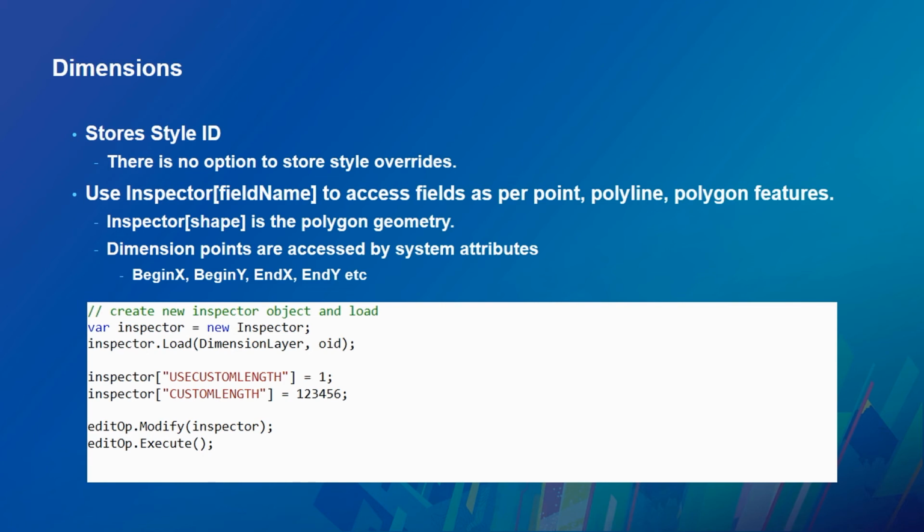So you just use the inspector like you do with standard point, line, and polygon features. Again, inspector shape is the polygon geometry. We're not really interested in that in this scenario because it's not something that you need to update. What you're interested in is the 4 dimension points, and they are accessed by begin X, begin Y, end X, end Y attributes.